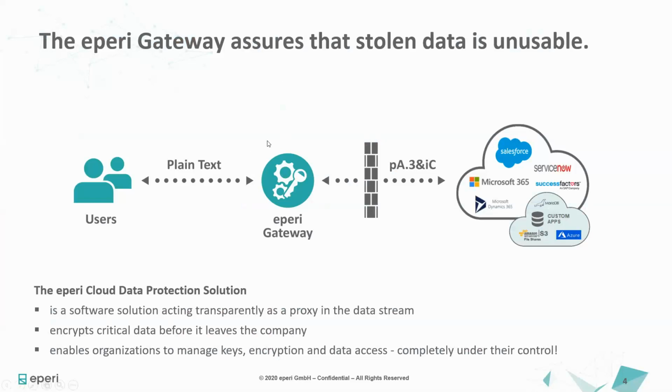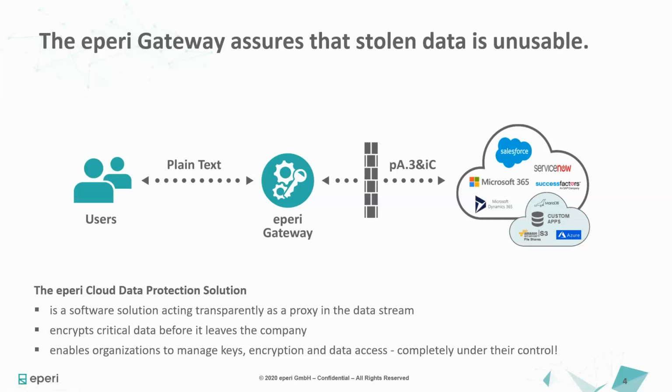The gateway, like I just said, sits in the data stream and makes sure that any kind of content, any document, any data that goes into the cloud is encrypted, tokenized, and protected before it leaves the secure environment, making sure that nobody except yourself as the data controller is able to look into this data.